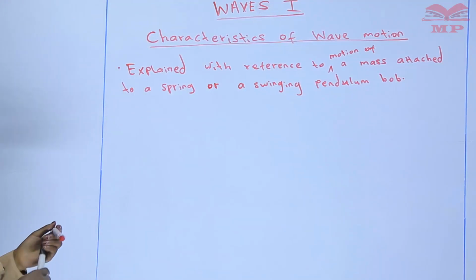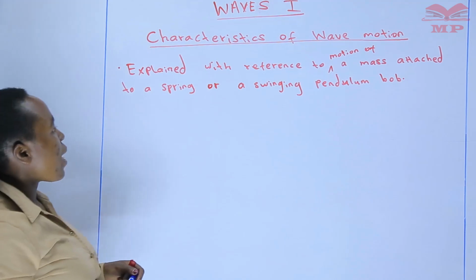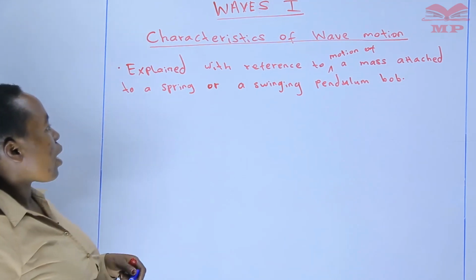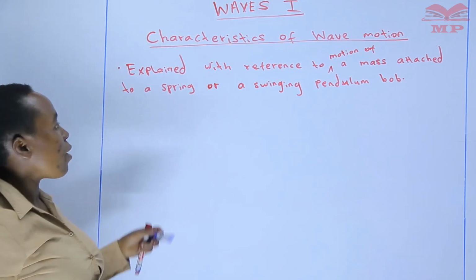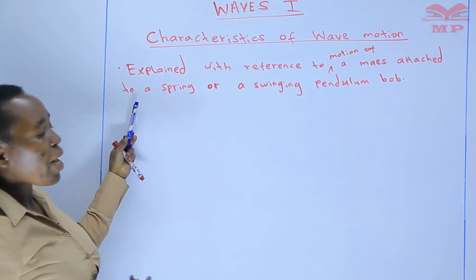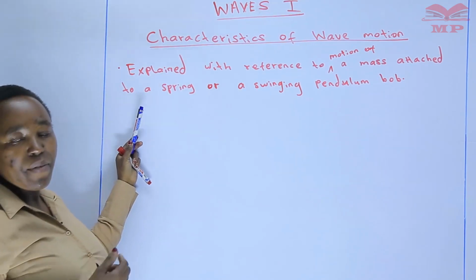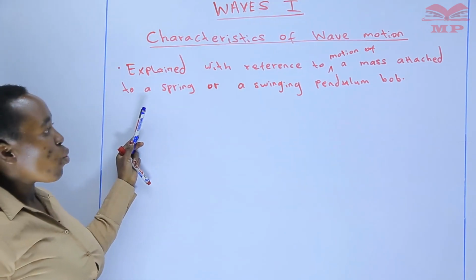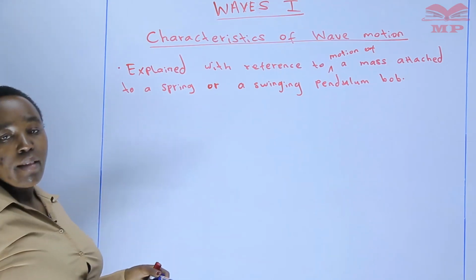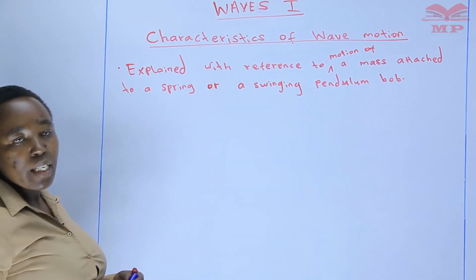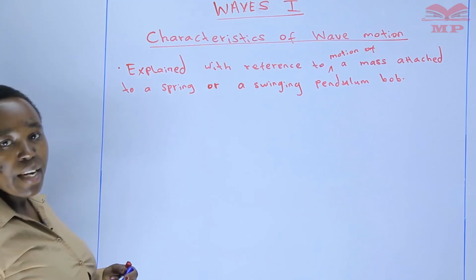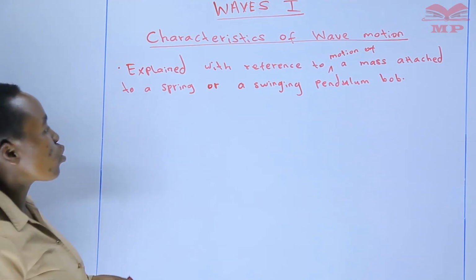So in this, we can start with the first one, where we are talking of a mass that is attached to a spring. I'm sure you have learnt about a mass. You know what is a mass. In the previous topic, Hooke's law, you learnt about these masses, when it is attached on a spring, when you are defining or verifying Hooke's law.